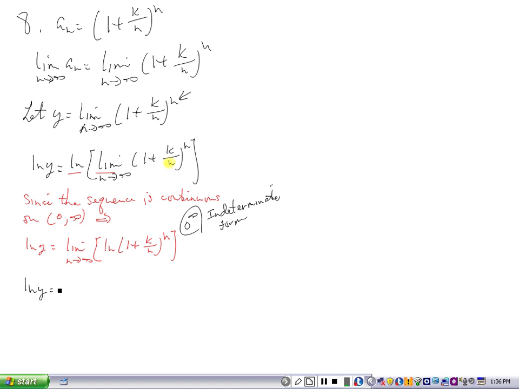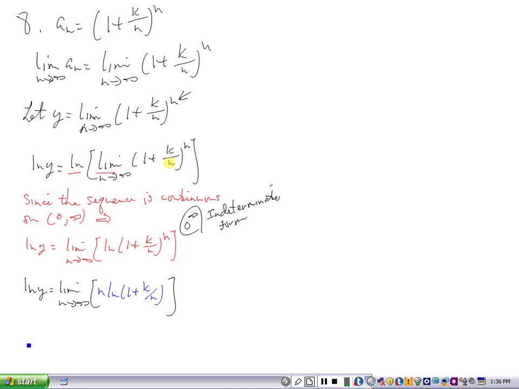Here I have the natural log of y is equal to the limit as n goes to infinity of the natural log of 1 plus k over n divided by 1 over n. I better not skip the step: this is n times the natural log of 1 plus k over n.